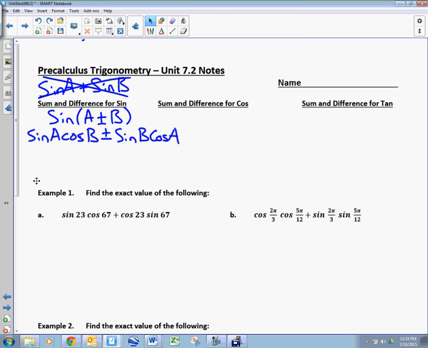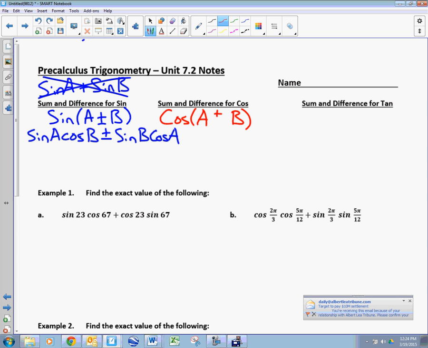So another formula that we have is, what about cosine? Say we have the cosine of A plus B. That's a little bit different. We write the cosine of A times the cosine of B. And then we don't do plus, we do the opposite.